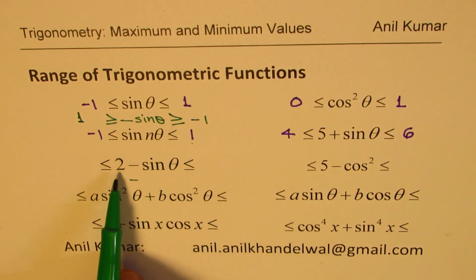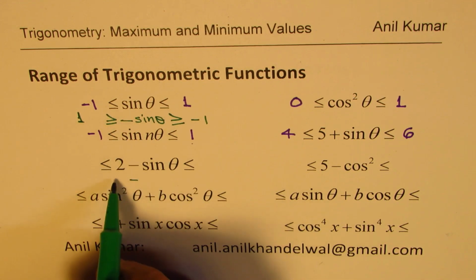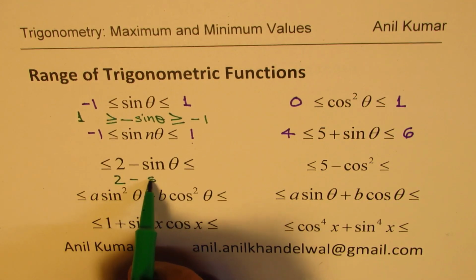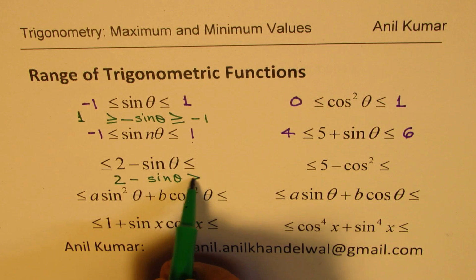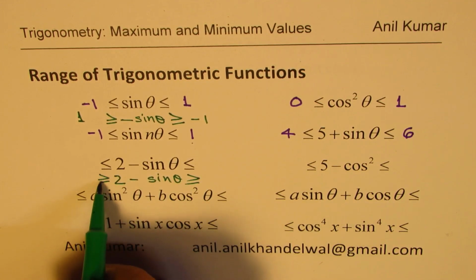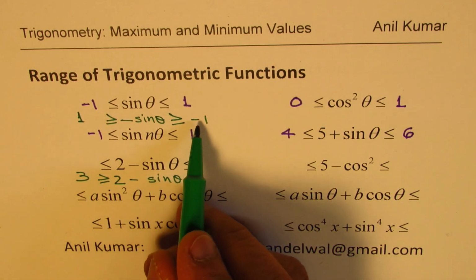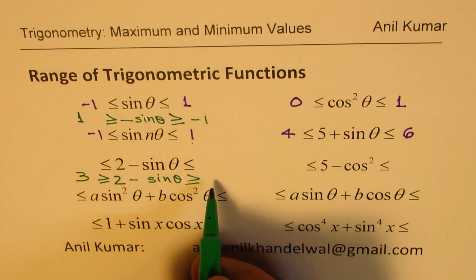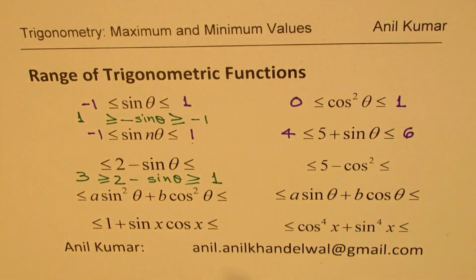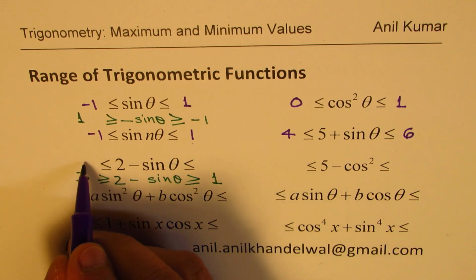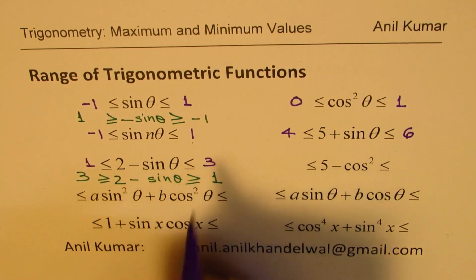Now here I have +2, right? So if I write 2 minus sine theta, that is to say I'm adding 2 to these limits. So it becomes 3 here, and when I add 2, I get 2 minus 1 as 1. You understand? You could write like this also. Basically, we're trying to say that 2 minus sine theta will be between 1 and 3.